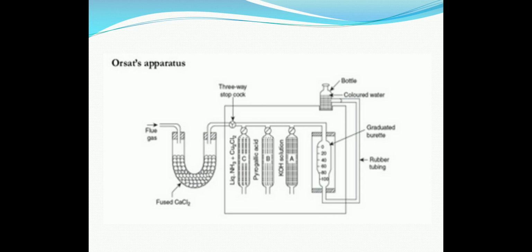Here we have to remember one main point: when we move the water reservoir up, water enters the gas burette and pushes the flue gas into the absorption bulbs. But when we move this water reservoir downwards, the flue gas rushes into the gas burette. Second, the gas burette is connected to a long horizontal tube which is fitted with a three-way stopcock. Here you can see a series of three bulbs A, B, C.